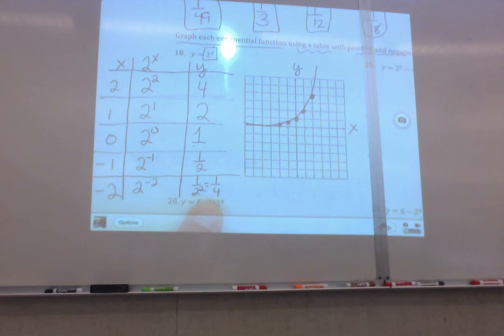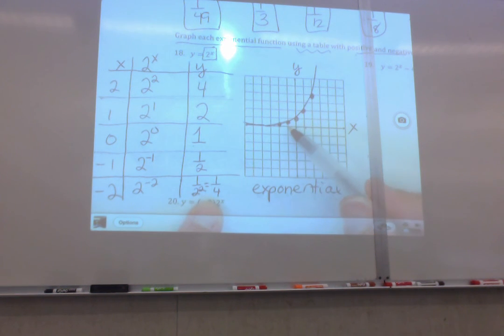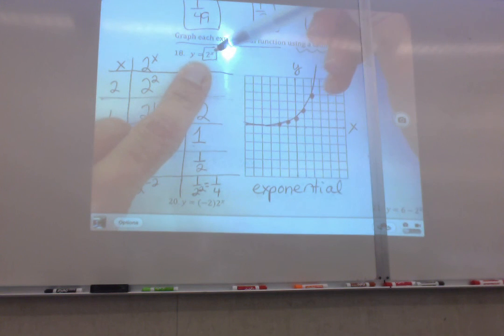What kind of function is this? Exponential. And I can remember that by recognizing the shape. Also, one of the keys to exponentials is the x, or the variable in the function, is in the exponent.